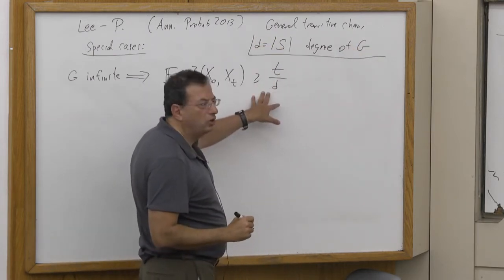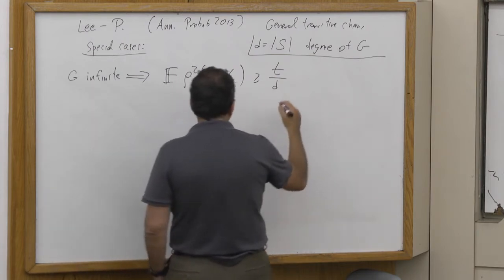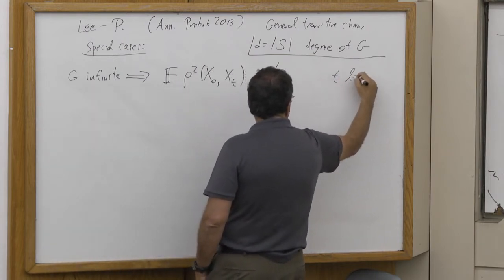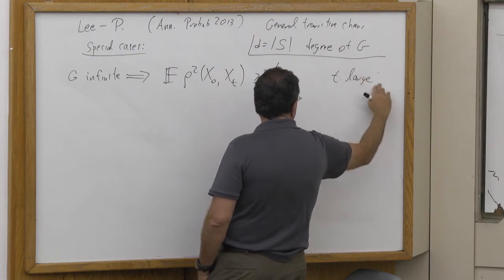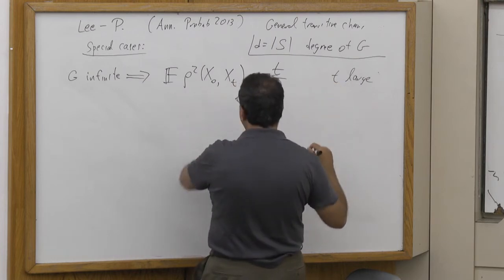So no mysterious constants, just t over the degree. In general I need a condition like t large enough here, but if G is amenable, this is true for all t.